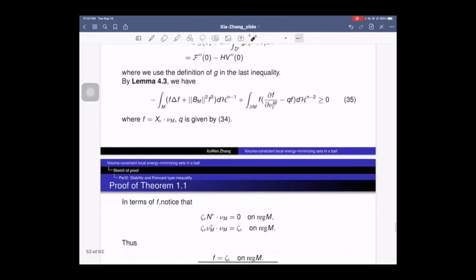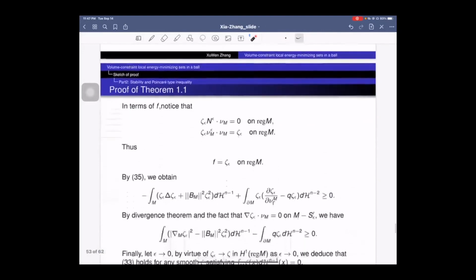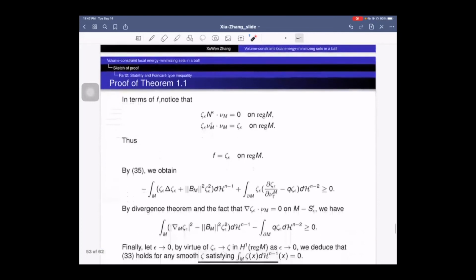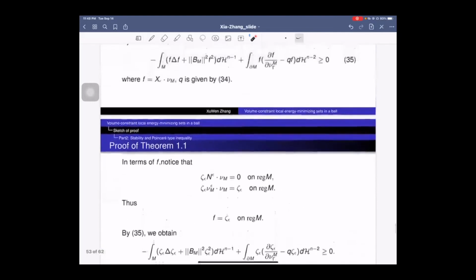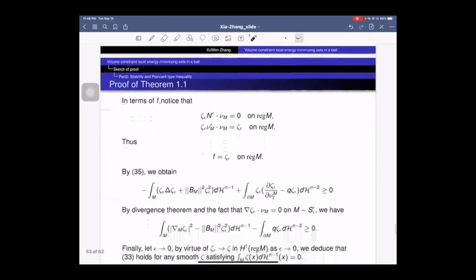Indeed, we can check that for this F, it coincides with theta epsilon on the regular part of M. Then we can plug in theta epsilon into this inequality to see this inequality for theta epsilon.